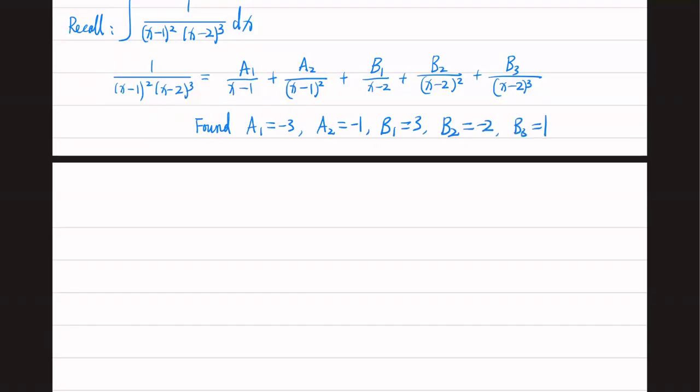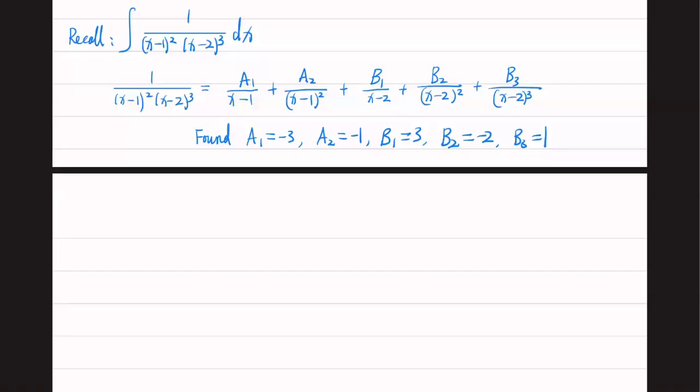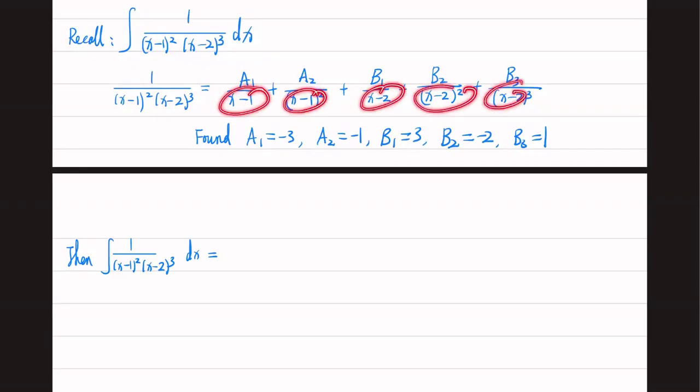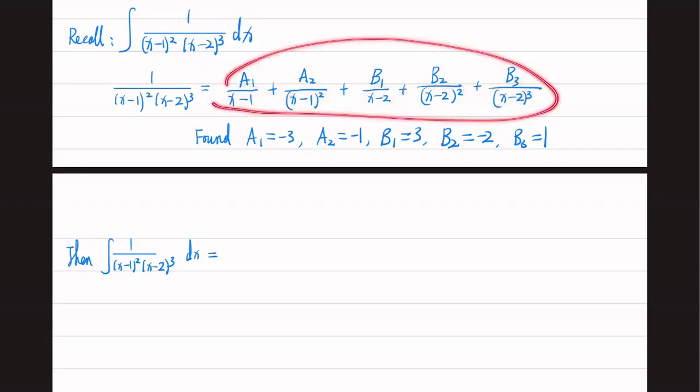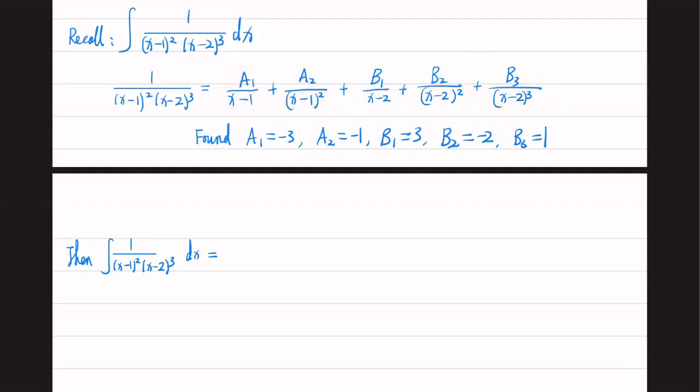Then the integral of this rational function is the combination of the 5 of these integrals. Even though I have more of them, each of them is simpler. So we can integrate this without much difficulty.